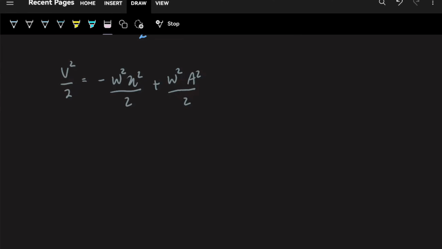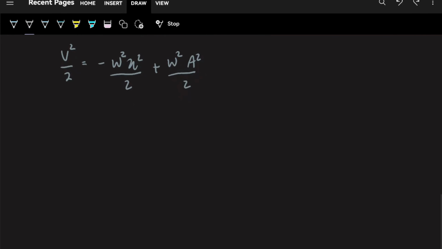So I hope you can see what I'm seeing. There is 2 everywhere. So what we can do is, you'll get v square equals to negative omega square x square plus omega square a square. This is what you'll get.